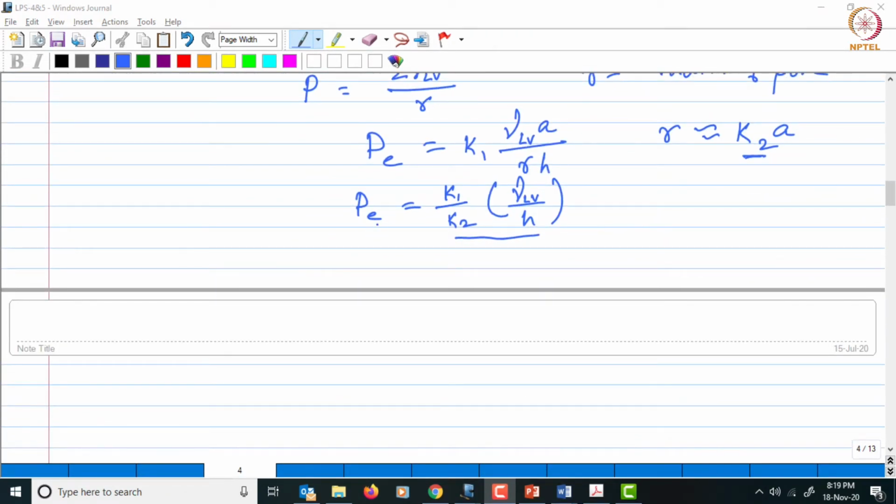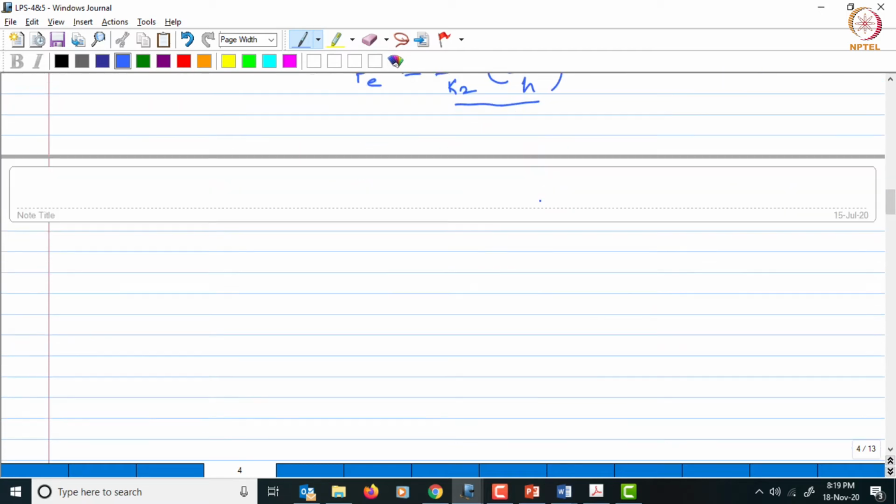If we replace PE from here into the delta C by C0 equation, then we will get the following equation.